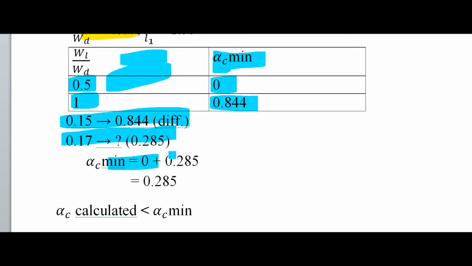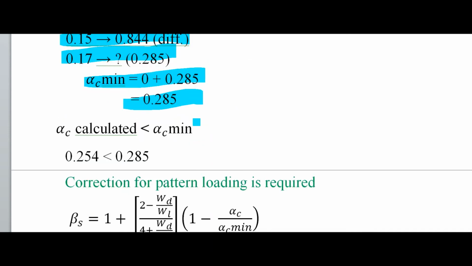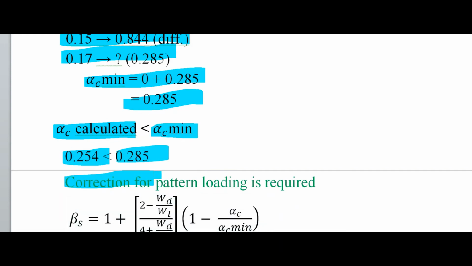Alpha C is 0.283, sorry 285. So alpha C calculated is 0.254, which is less than alpha C minimum. So correction for the pattern loading is required for the shorter direction, because alpha C calculated is less than alpha C minimum. At that time we require pattern loading.